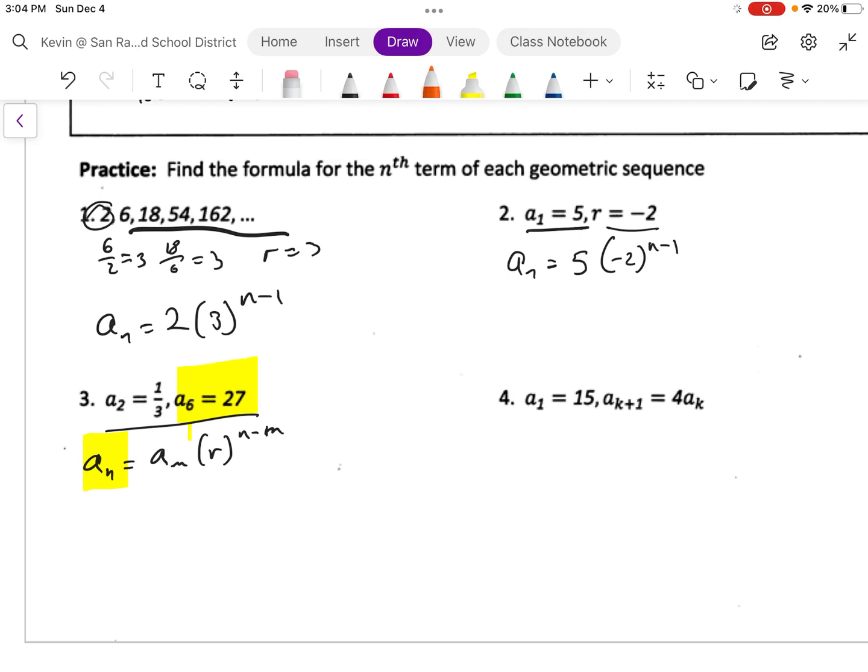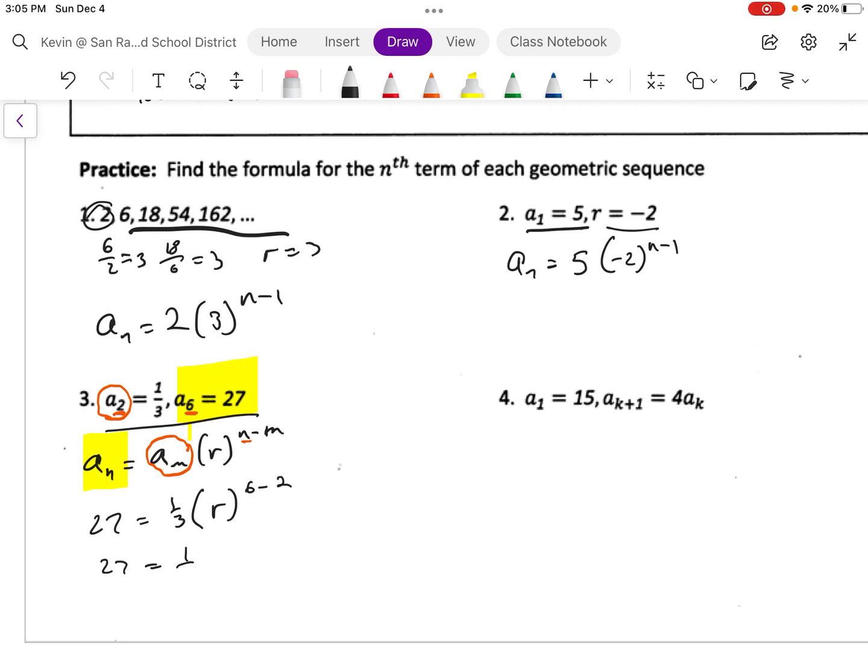And then your lower term is going to be your a sub m. So we would write this, we go 27 equals 1/3 r, and then this n here, is that 2? Oh, I'm sorry, no, n is the 6. n is the 6, and m is the 2.